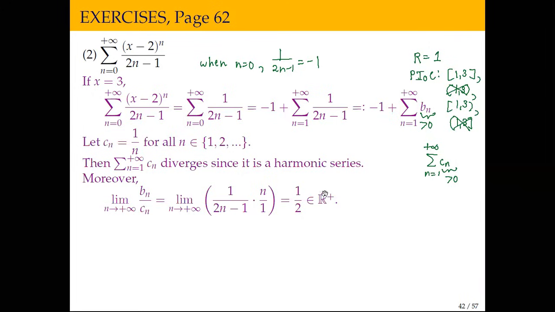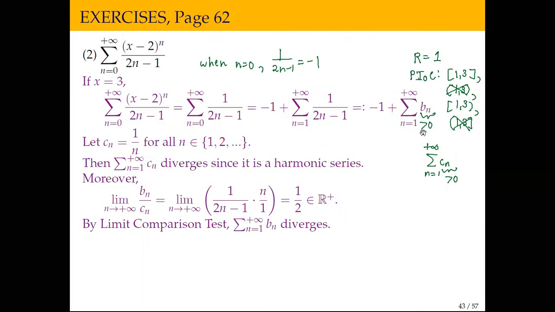Therefore, by LCT, kung anong nangyayari dito sa infinite series na ito, yun din yung mangyayari sa infinite series na to. Since we know that this infinite series diverges, yung infinite series na to, nagda-diverge din siya by the LCT. So by the limit comparison test, this infinite series diverges.